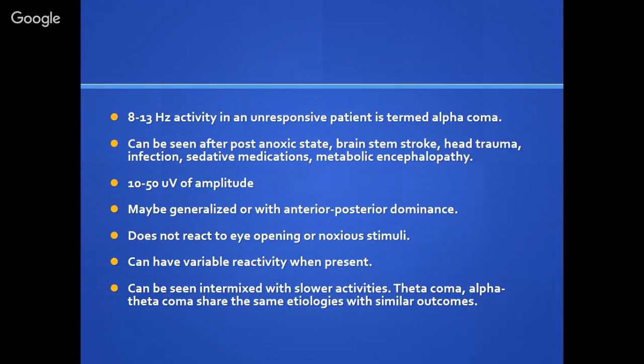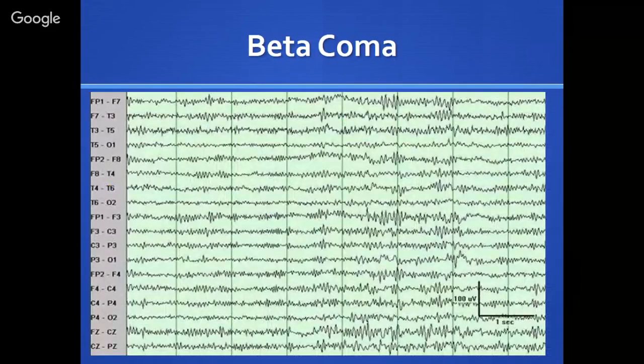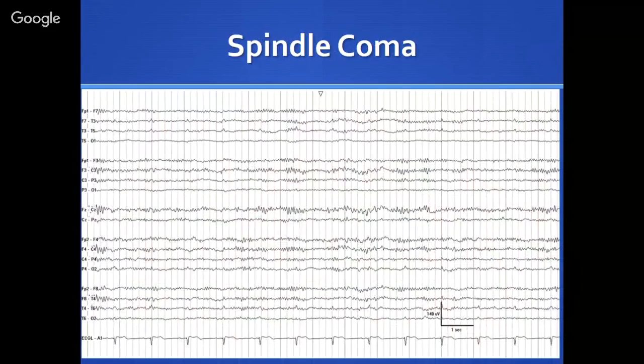It can have variable reactivity when present. It can be seen intermixed with slower activities, theta, sometimes even called alpha theta coma. They share the same etiologies with similar outcomes. So this is the beta coma or spindle coma, right? We have seen some, and the spindle coma, and that's it.